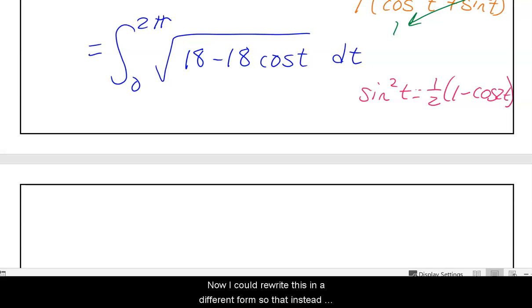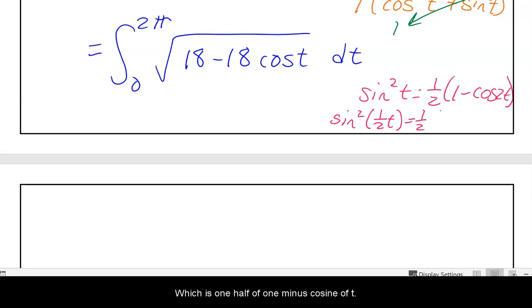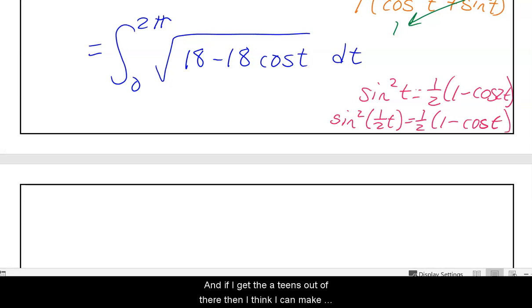Now I could rewrite this in a different form so that instead of this being 2t, it's t, but then this one would be half of t. So then I could rewrite it as sine squared of half of t, which is 1/2 of 1 minus cosine of t. And if I get the 18s out of there, then I think I can make that substitution.